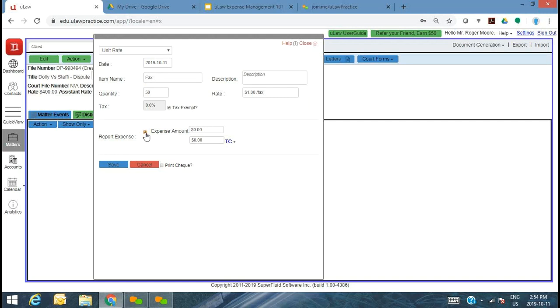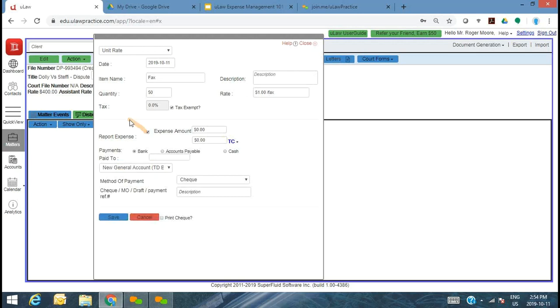But the cool thing in uLaw, or a legal accounting system, is that at the same time when you disburse to your client, you're also able to report this as an expense to your own business. Assuming that your fax machine broke in your office, and you are running to the closest Staples, and you had to pay Staples not $50, but let's say $55.